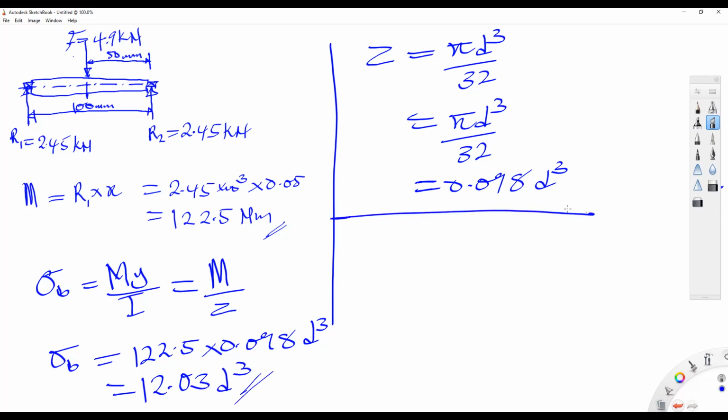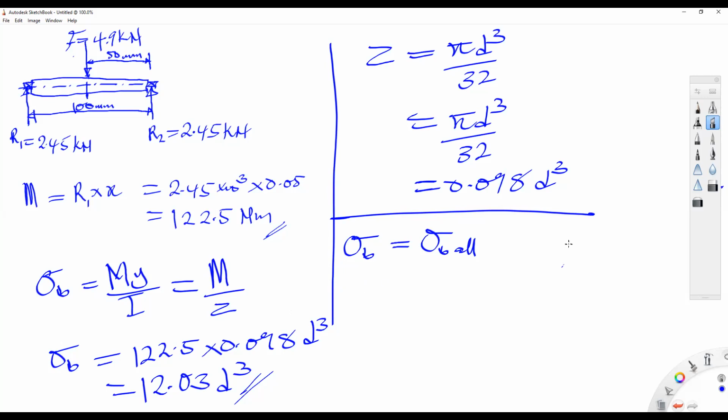So we know that sigma b should be equal to sigma b allowable, the allowable bending stress. What's your question? It's not M times Z. You wrote M times Z. Oh, sorry, so recompute it.